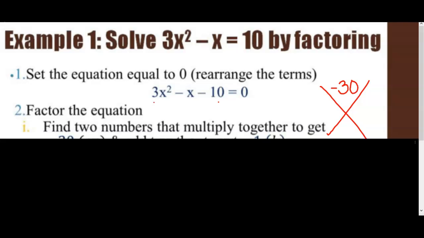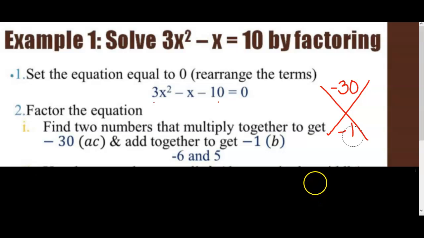So I need two numbers that multiply to -30 and add to -1. Go ahead. -6 and 5. Perfect. So my two numbers are -6 and +5. So we're going to take those two numbers and replace the middle.